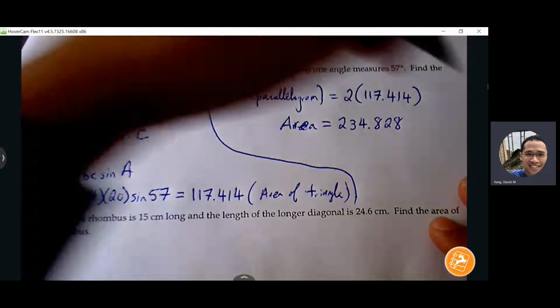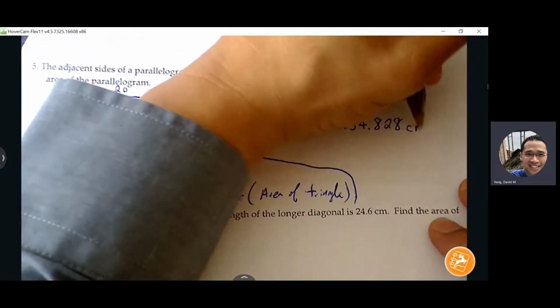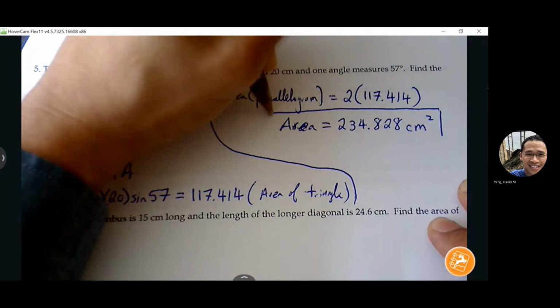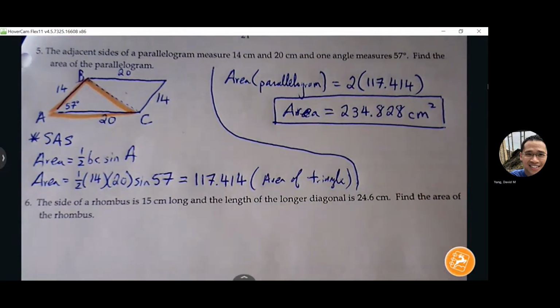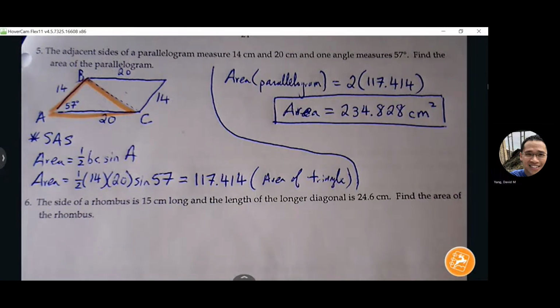Area is unit squared. So in this case, our unit is centimeters, so centimeter squared. Okay, any questions with 5?